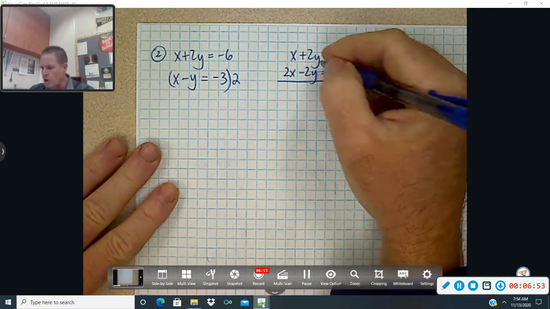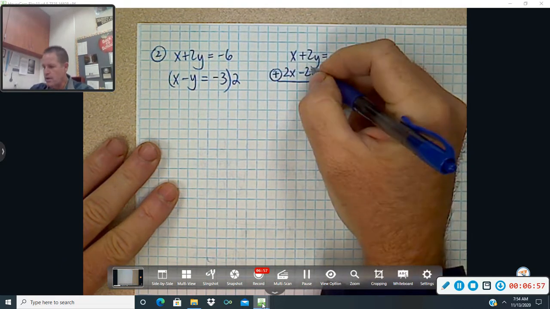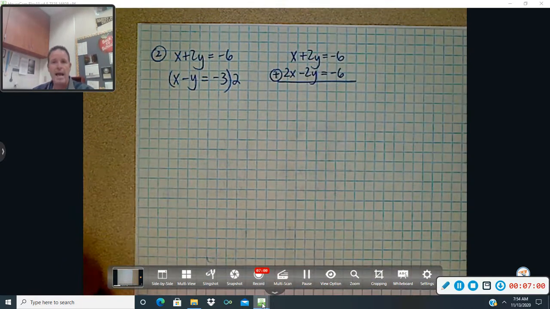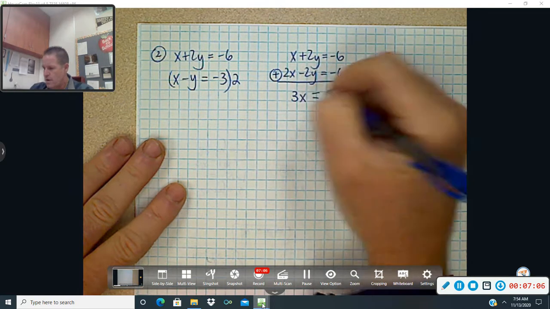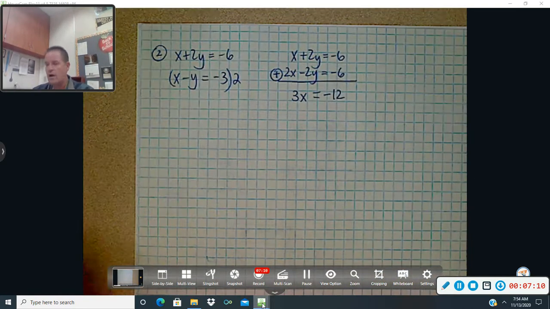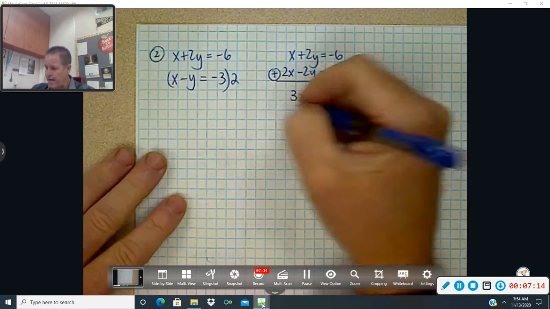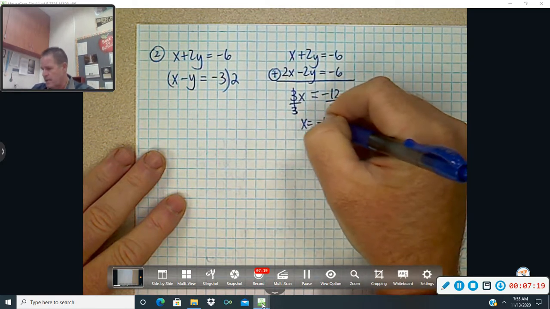Now again, I'm trying to eliminate y. 2 plus negative 2 is 0. So I'm going to be adding these two equations. So I have x plus 2x, that's 3x. And that equals negative 6 plus negative 6, which is negative 12. I'm adding, make sure you add right. Divide each side by 3, and we're going to have that x equals negative 4.